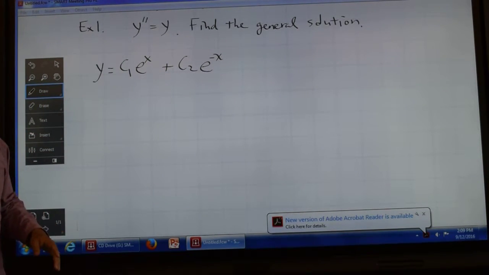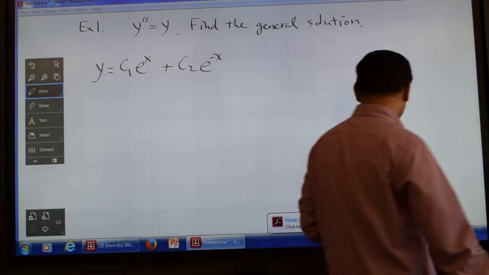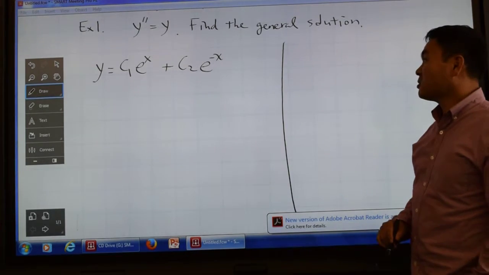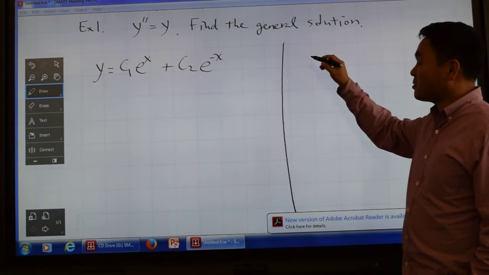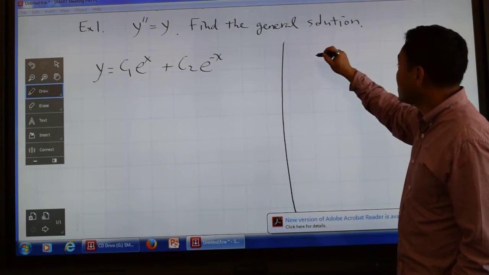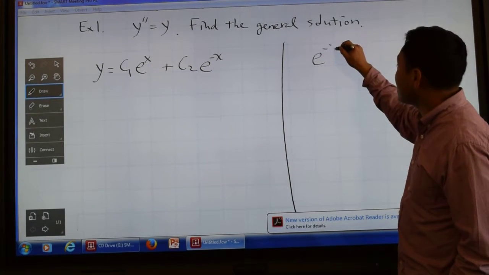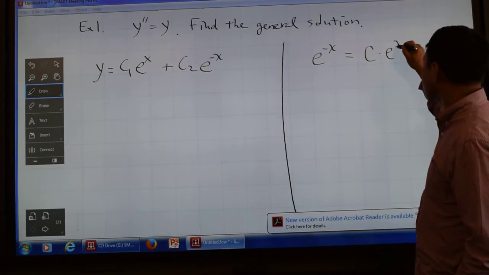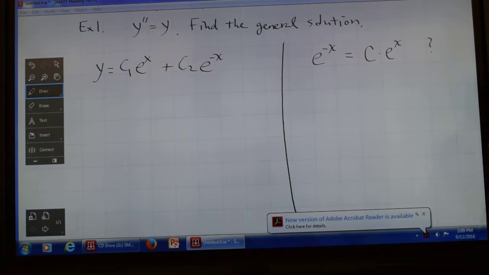Okay. So here's our worry. We're temporarily anxious about the following fact. Is it true that maybe e to the negative x is just some constant times e to the x? If that's true, is it good or bad?